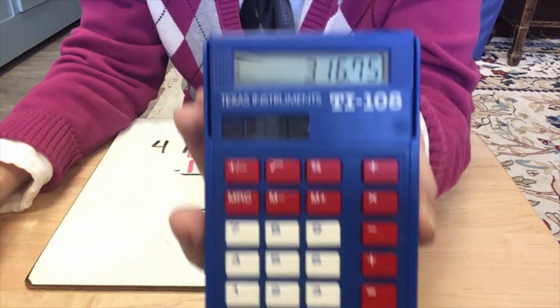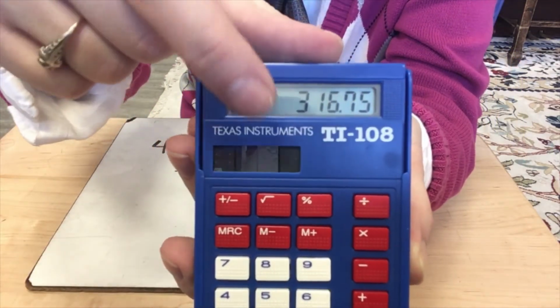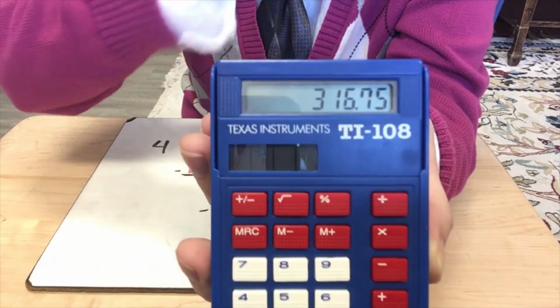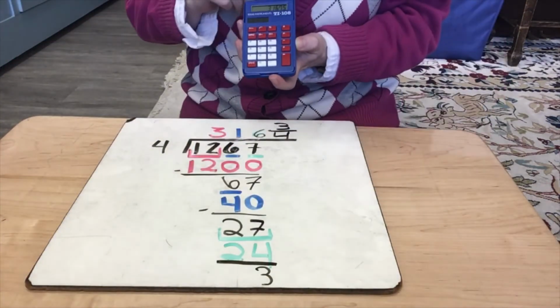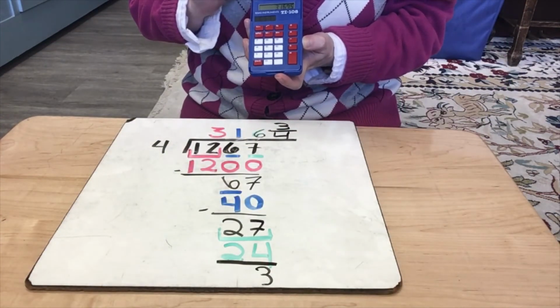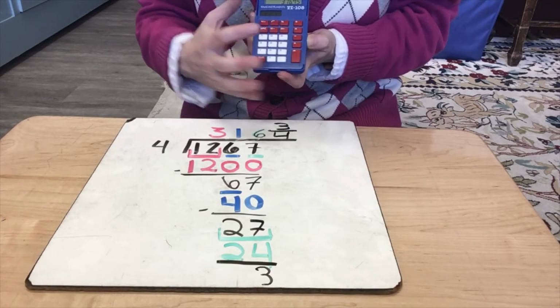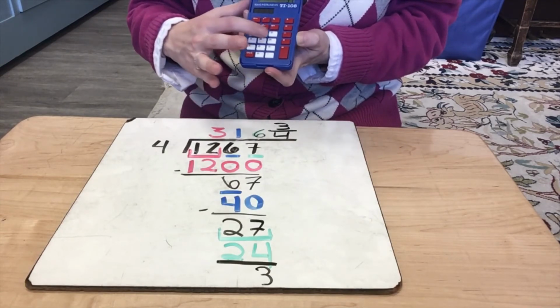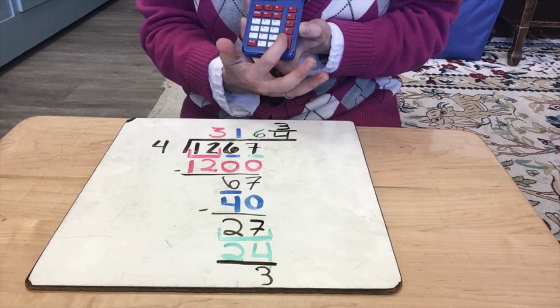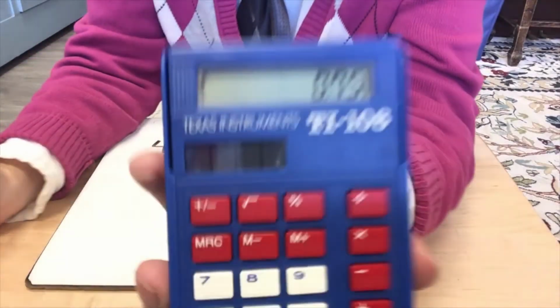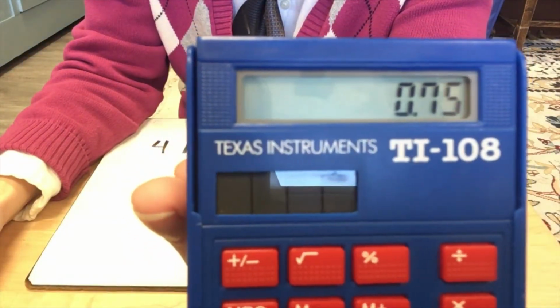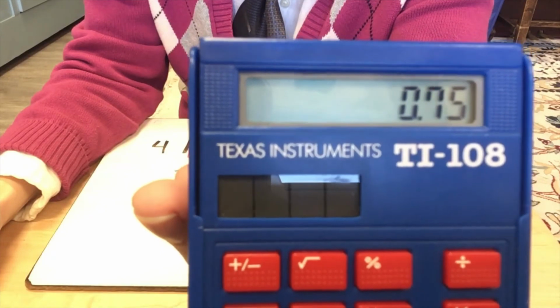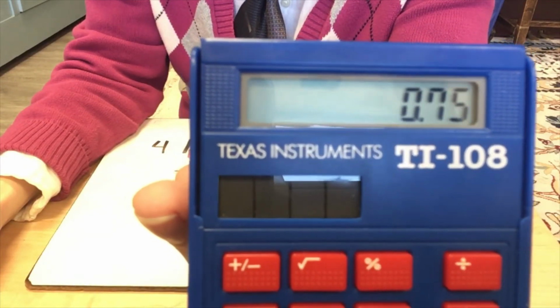Now the first thing I want to do is I'm going to get rid of this whole number. I only want to work with the decimal. So I see the whole number is 316. Subtract 316, enter. Now you will see I only have the decimal point. Now only having the decimal point means I'm ready to rock.